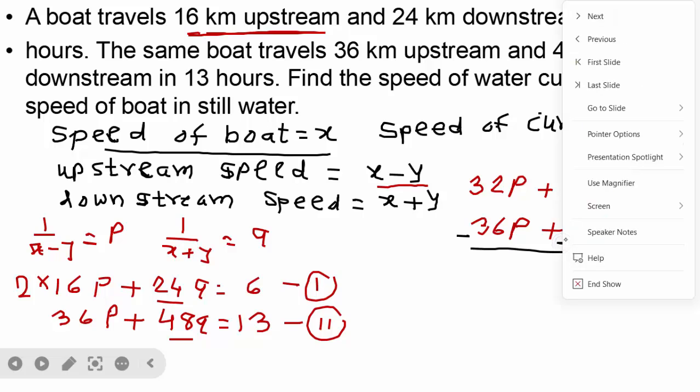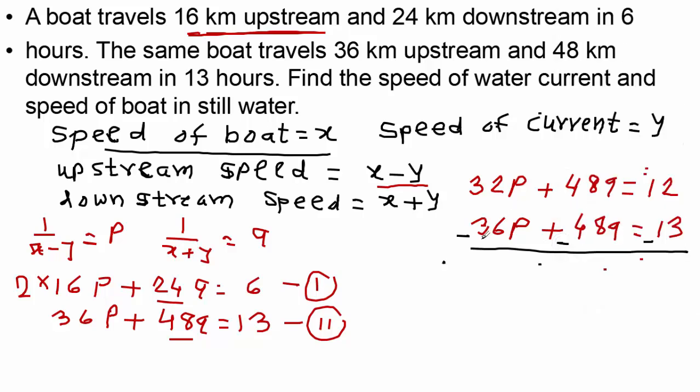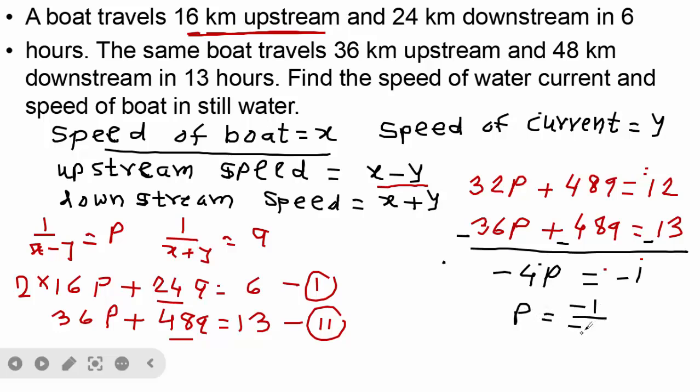I shall change the sign. 32p minus 36p becomes minus 4p. 48q minus 48q gets cancelled, and 12 minus 13 becomes minus 1. Therefore, p equals minus 1 divided by minus 4, that is equal to 1 by 4.